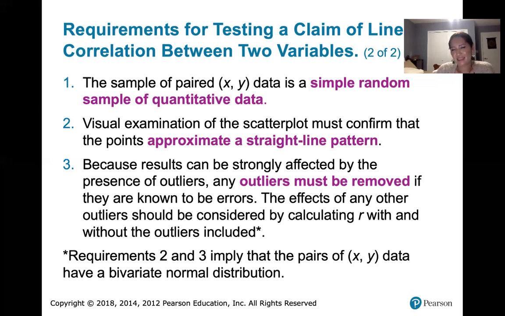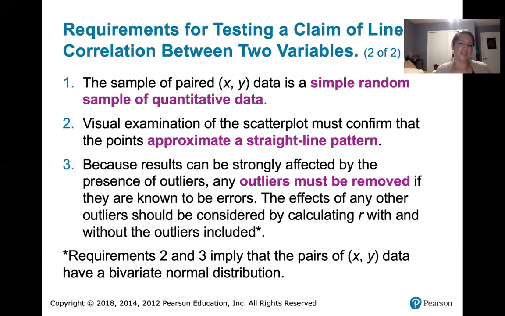And all that means is that if the X value is fixed, the corresponding Y value that is paired with it would have a normal distribution. Or if one of the Y values was fixed, the corresponding X value would have a normal distribution.